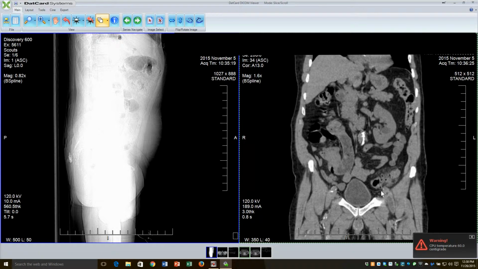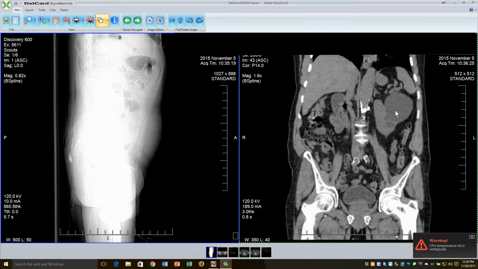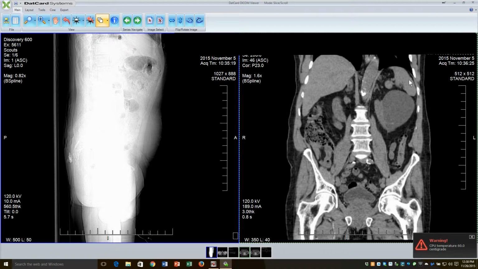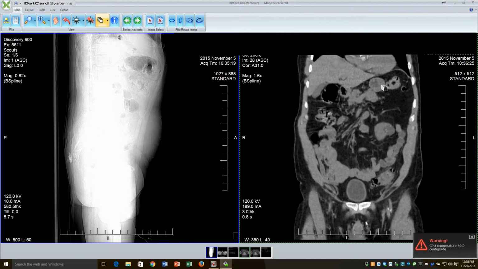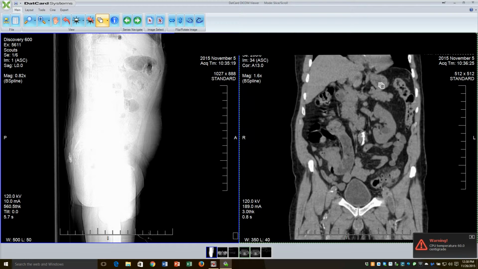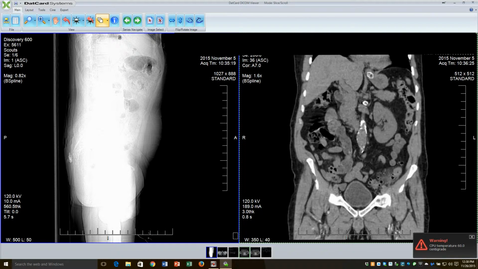It's not that bad. On a scale of 1 to 10, I would say that this is about a 5. Giant cyst in the kidney, spleen, and here is a small hiatal hernia, so you might have a little reflux disease from this. This is where the esophagus is entering into the stomach right there.